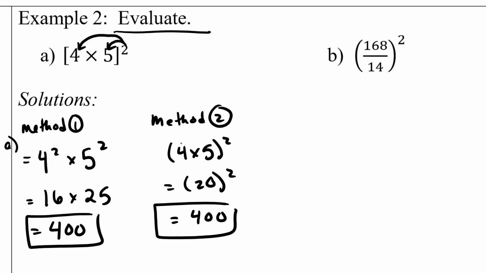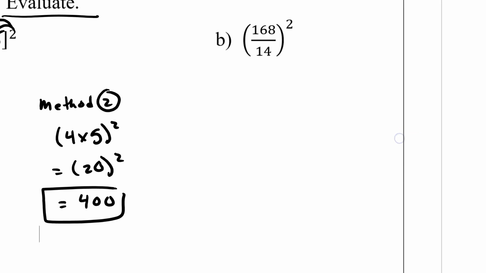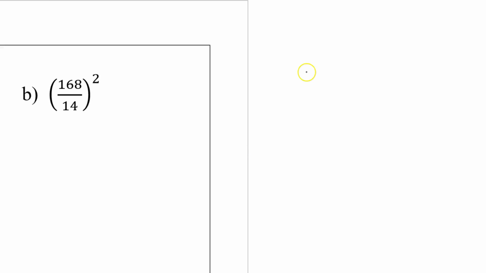The biggest takeaway from this part of the lesson is the quotient. Because if I had something like, and you'll see this next year, 3y over x, all to the power of 2, I need to make sure that this squared goes to all of the things.